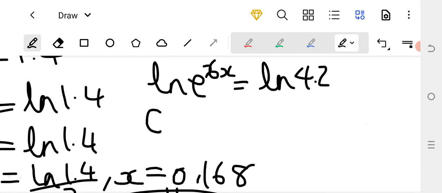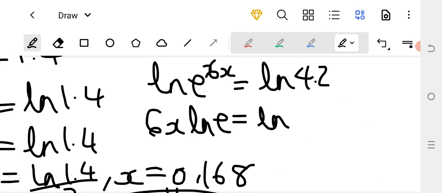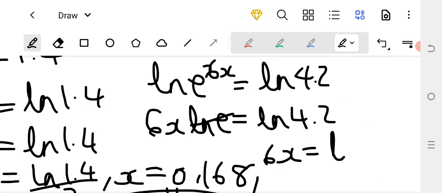We are going to say 6x ln e is equal to ln 4.2. ln e will cancel out. 6x is equal to ln 4.2.